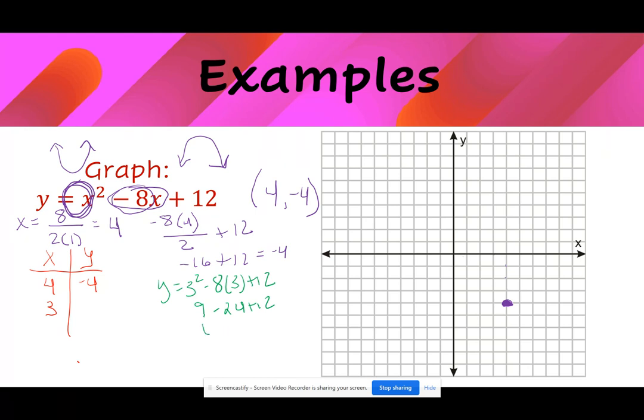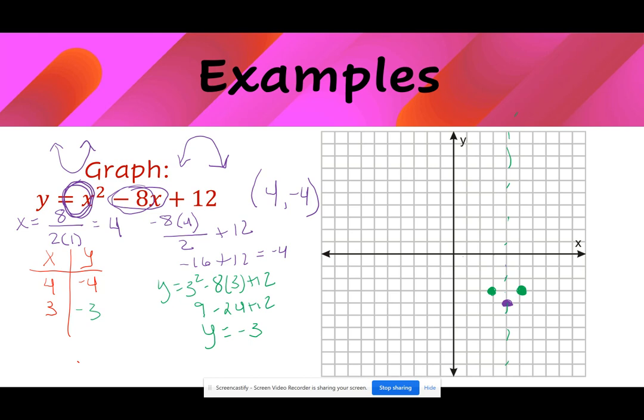So it gives us negative 3. So we go 3, negative 3. So in our instructions, it says use the axis of symmetry, which goes through the vertex, to find your next point. So we count 1 away from the axis of symmetry, so we're going to count 1 to this side. So that is your new point.